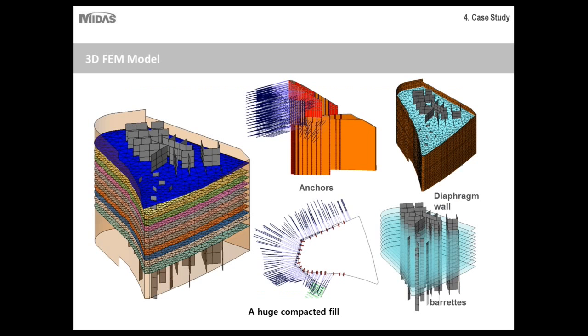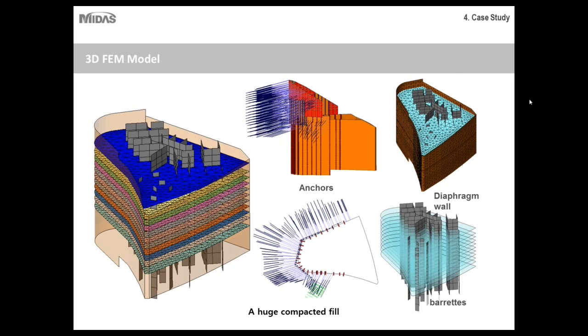And these are the different components of the finite element model. If you pull them out separately, you can see the slabs here, the diaphragm walls, and the surrounding walls created with plate elements. You can see the micropiles, the piles and anchors that were modeled.